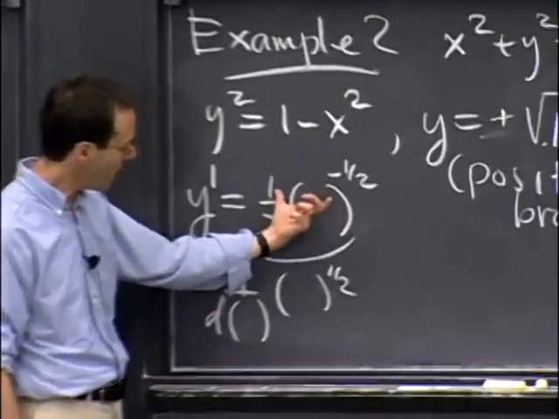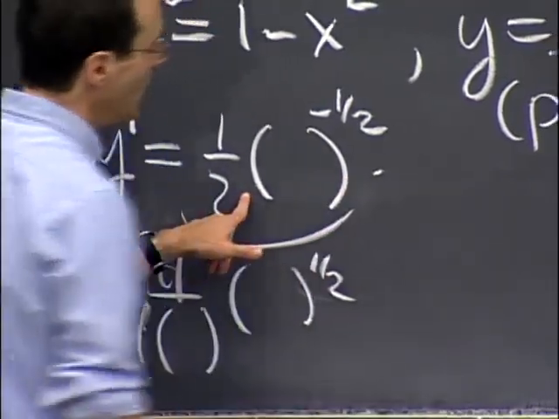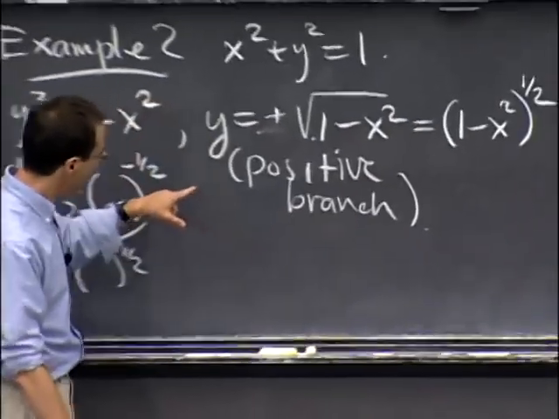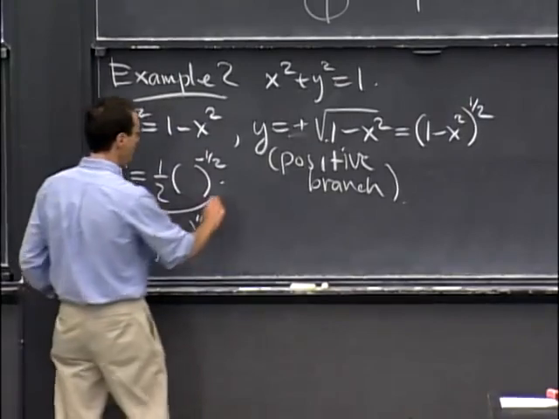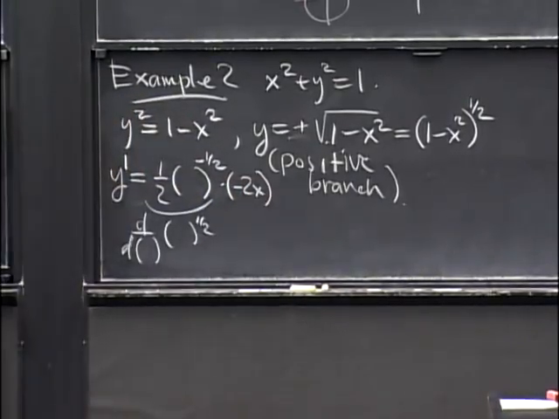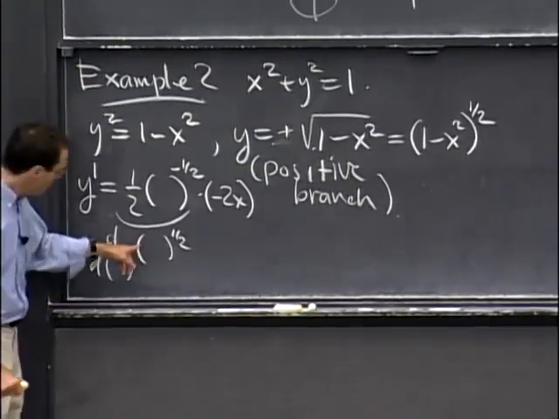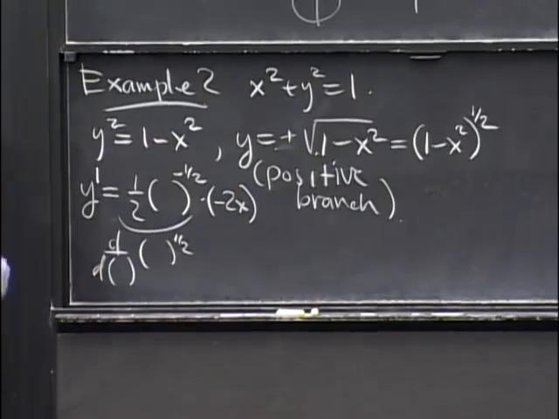So this variable is now parenthesis. And then I have to multiply that by the rate of change of what's inside with respect to x, and that is going to be minus 2x. All right, the derivative of 1 minus x squared is minus 2x. And now, again, we're glomming everything together here.